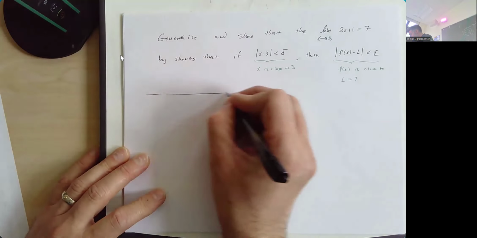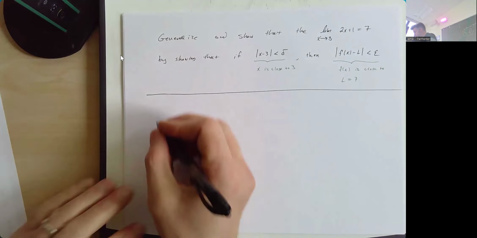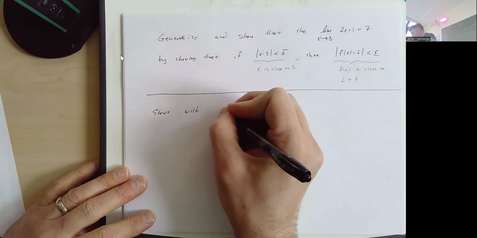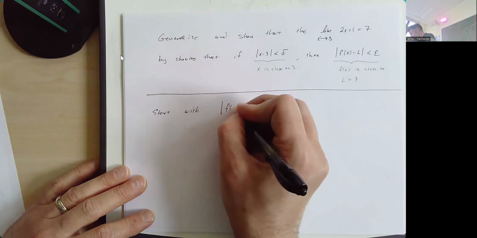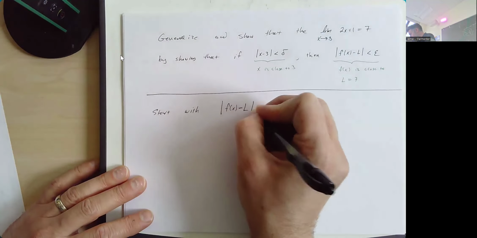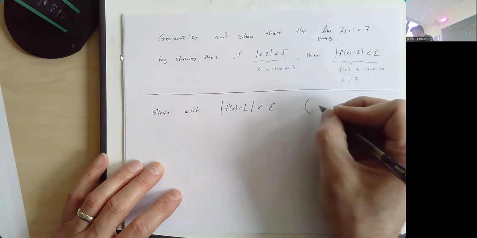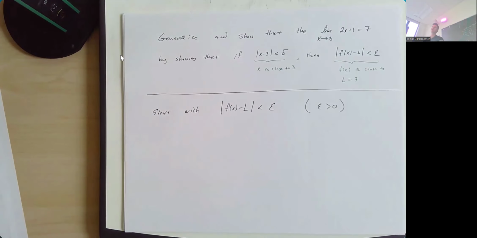So here's how we do it. We're going to start with what we want. We want the absolute value of f of x minus L to be less than epsilon. And I'll point out that epsilon is positive. Okay, that's a little more general than I probably want to start with. I really should write my function in there and my limit value and work with that.